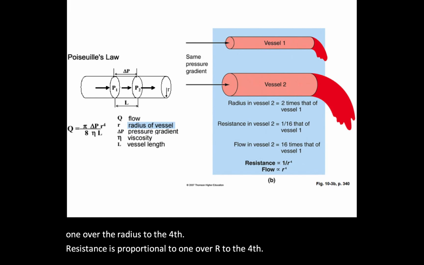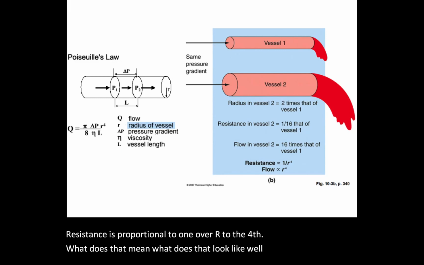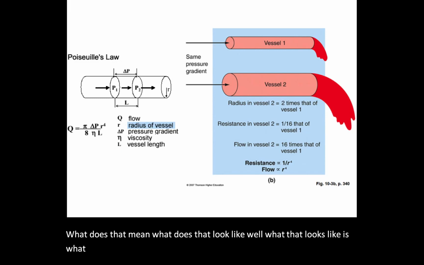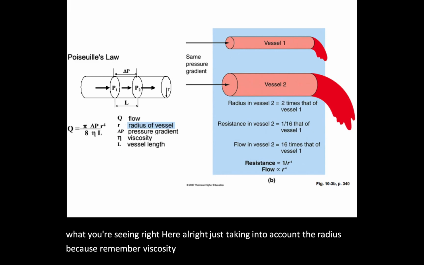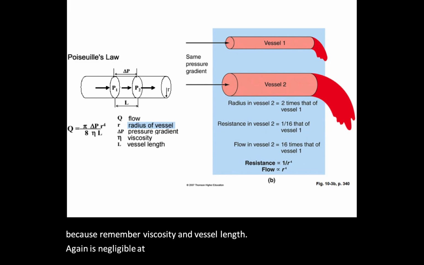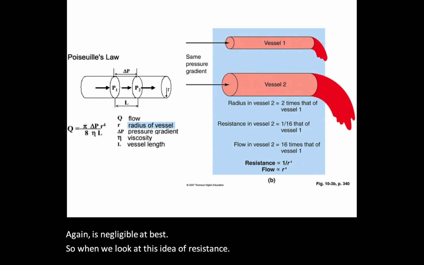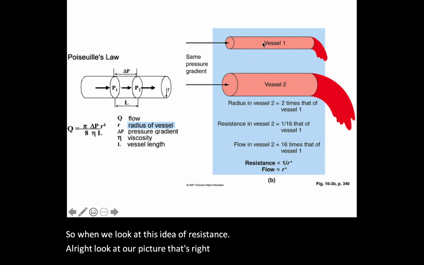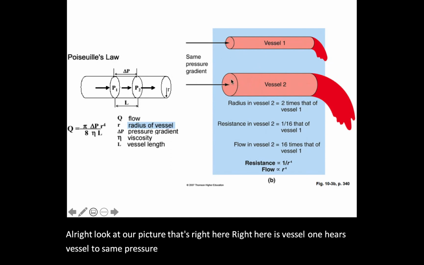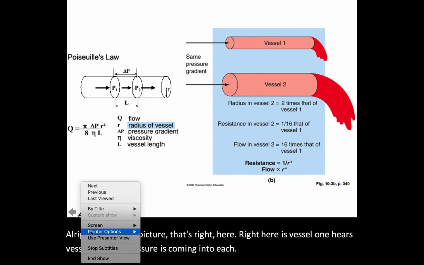What does that mean? What does that look like? Well, what that looks like is what you're seeing right here. Just taking into account the radius, because remember, viscosity and vessel length are negligible at best. Look at our picture right here. Here's vessel 1. Here's vessel 2. The same pressure is coming into each vessel.